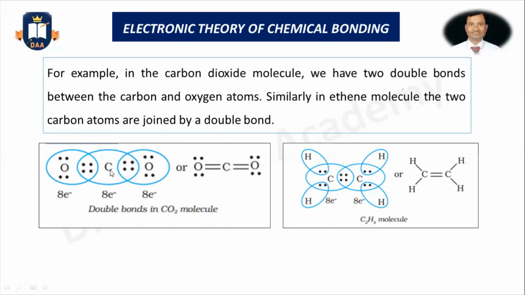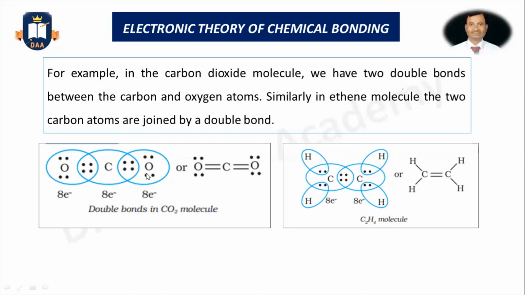So in that way, all 3 atoms, that means 2 oxygen atoms and 1 carbon atom, attain octet electronic configuration by forming bonds. So here you see 2 pairs of electrons. That means the oxygen from the left side will bond with the central carbon with 2 covalent bonds. That means it will form the double bond.